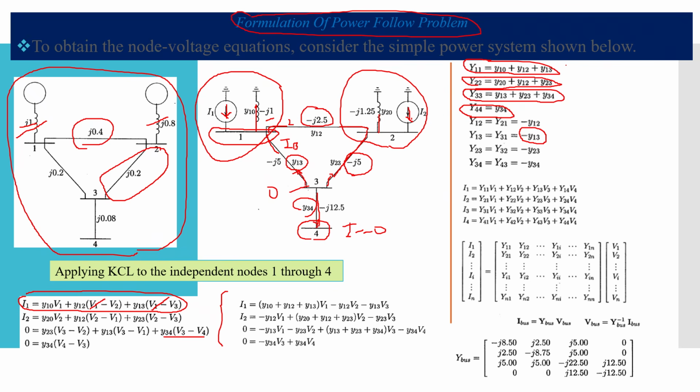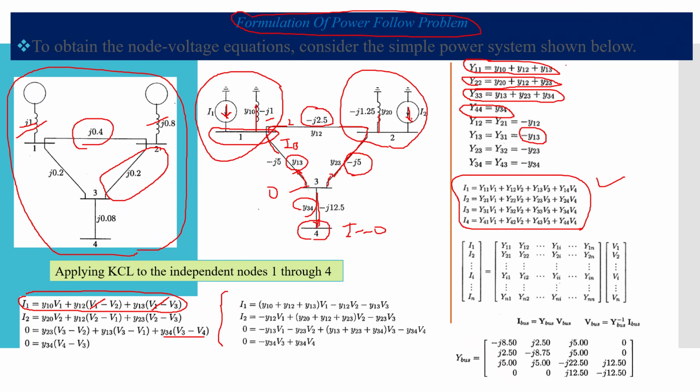So we can represent our final equation using this, so that I1 is equal to Y11, Y12, Y13, Y14 times the voltages. I2 is equal to Y21, Y22, Y23, and so on, because we have a definition for Y21, Y23. So we can represent this in matrix formation.